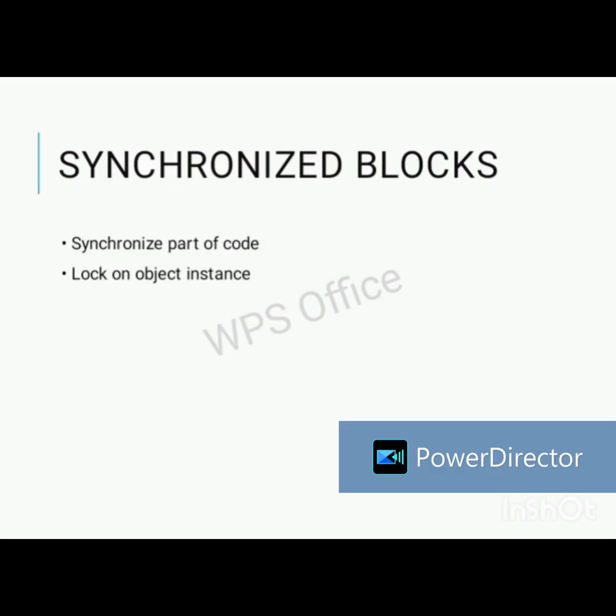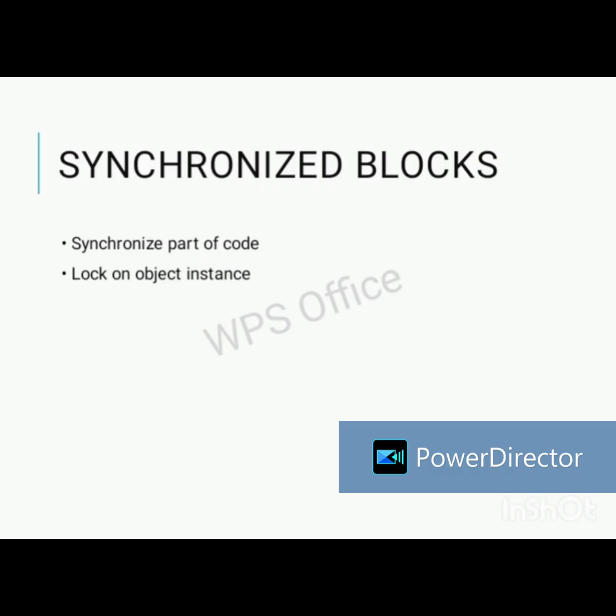Synchronized blocks. While synchronized methods lock the entire method, synchronized blocks offer more control by locking only a specific section of code. This approach is preferred when only part of the method accesses shared resources, helping to reduce contention and improve performance.